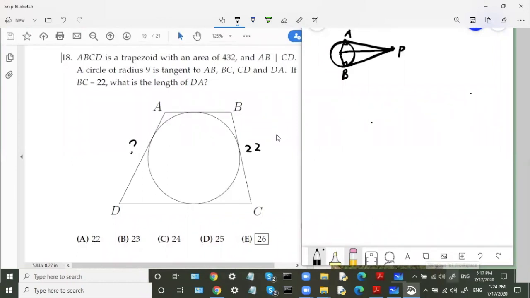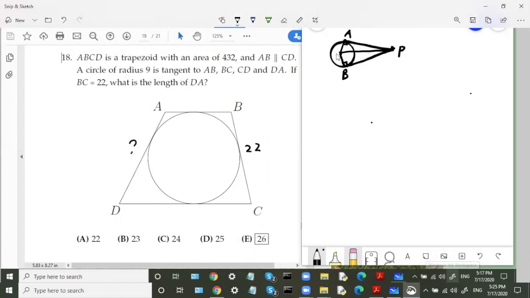Okay, so let's review the tangent line of a circle theorem. If we have a point P, we draw two tangent lines, PA and PB, where A and B are the tangent points to a circle. So let's prove PA equals PB.